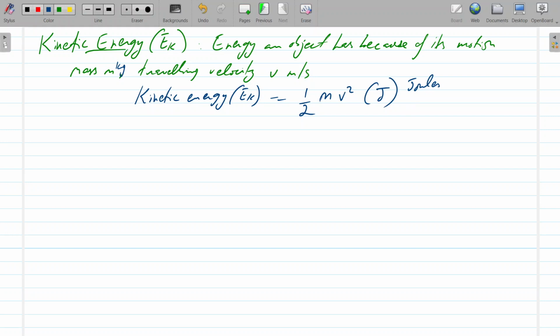Now, what they go on to explain is kinetic energy is directly proportional to the square of velocity.